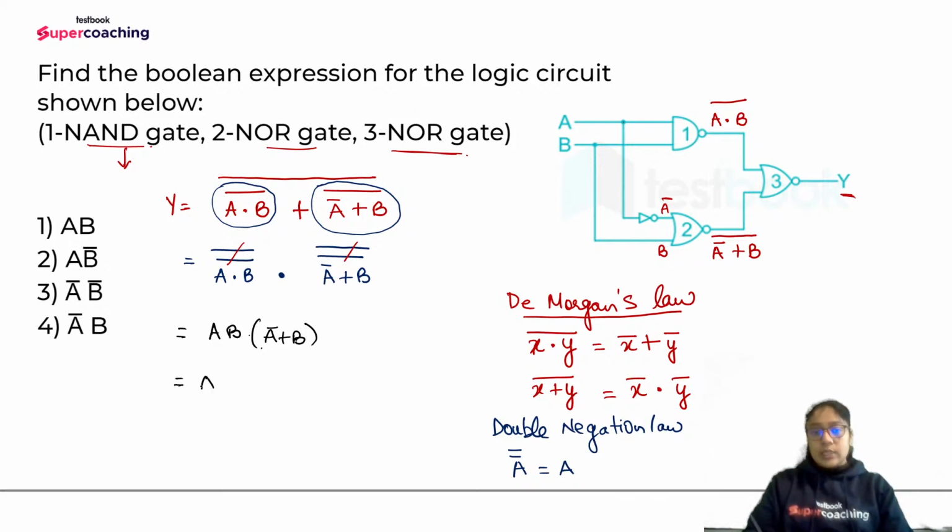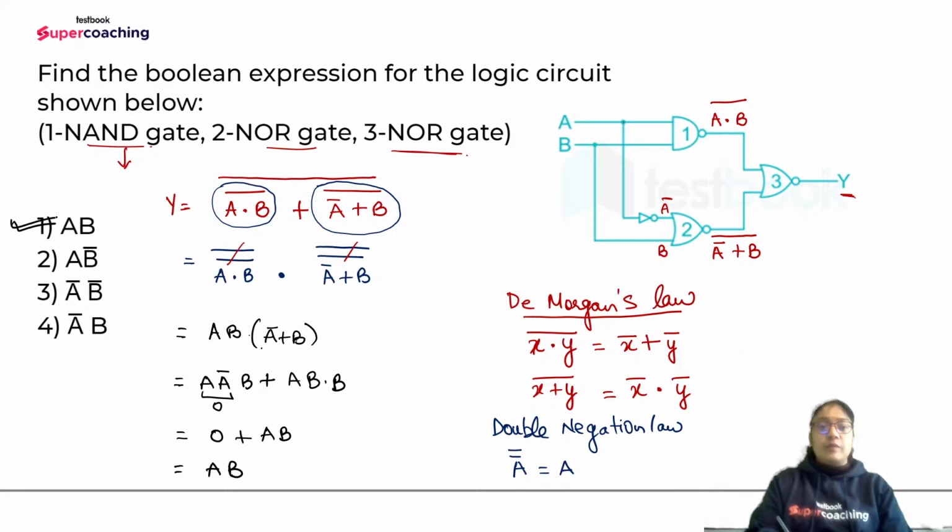So this is A complement B plus AB into B. Now A complement is 0. So 0 and something is 0, plus AB into B. B is coming twice, so it is AB. So ultimately the output comes out to be AB. So the minimized expression is AB for the given circuit diagram. The correct answer for this question is option 1.